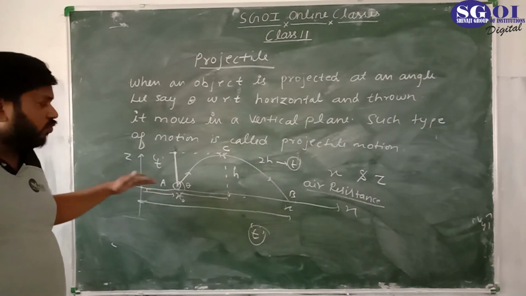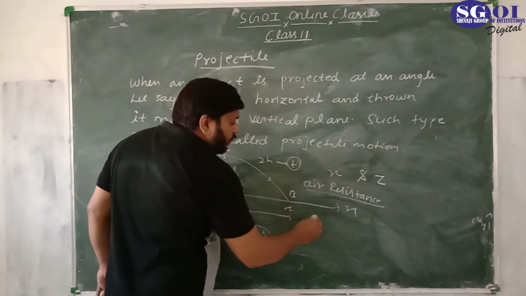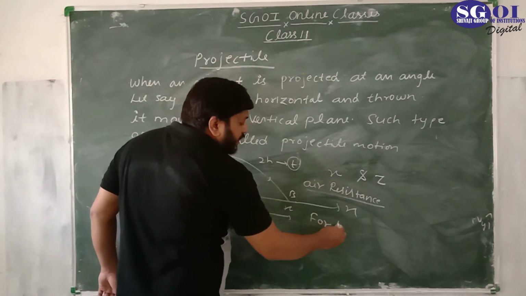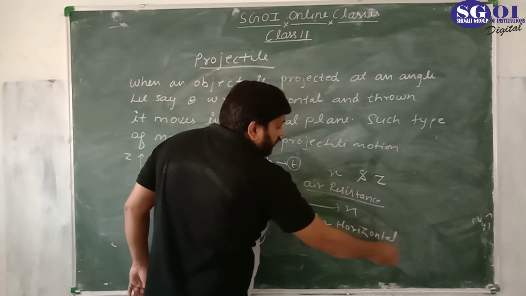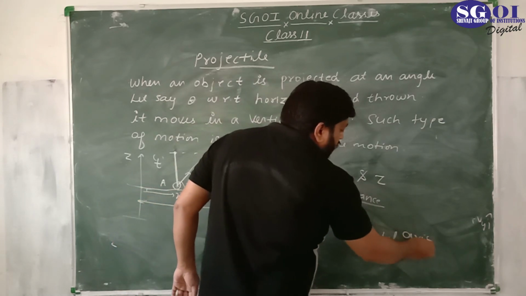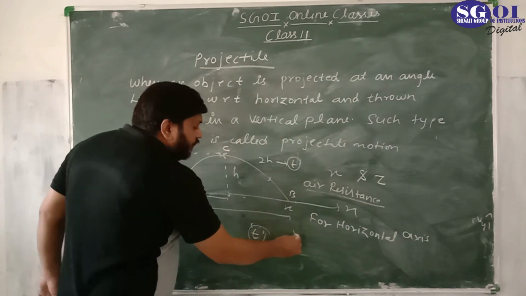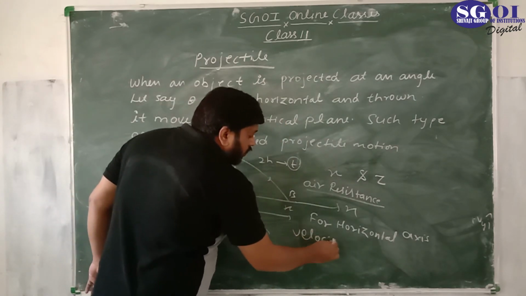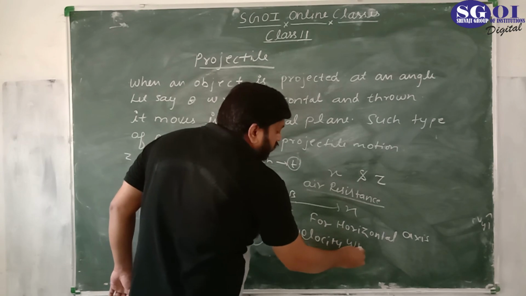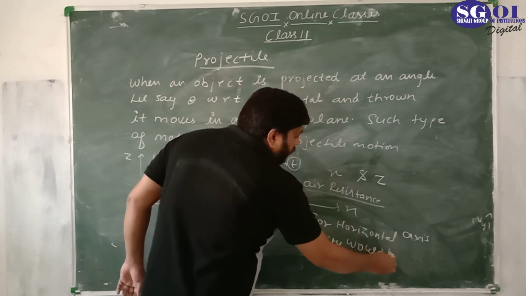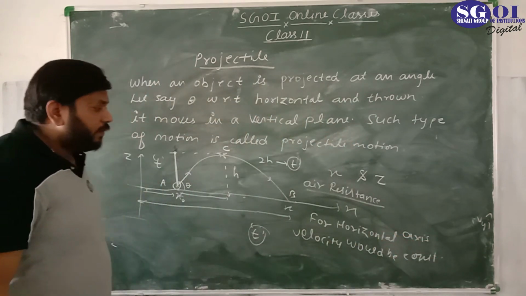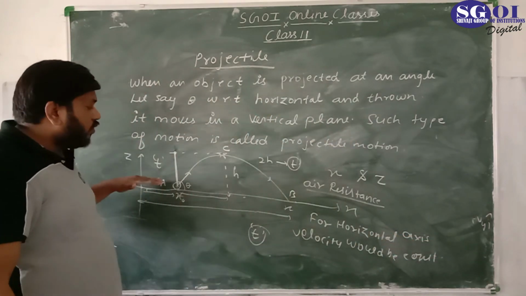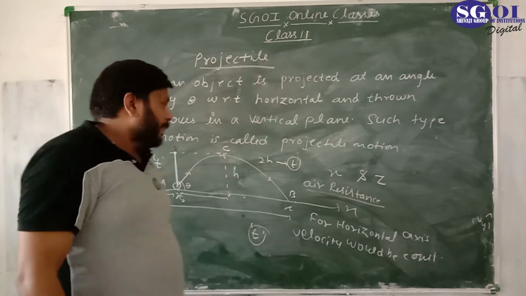It would move with uniform velocity. So for the horizontal axis in projectile, velocity would be constant, meaning it would move with uniform velocity.